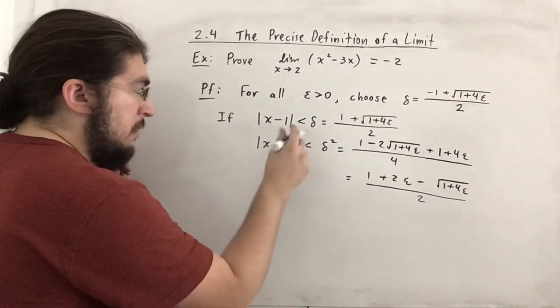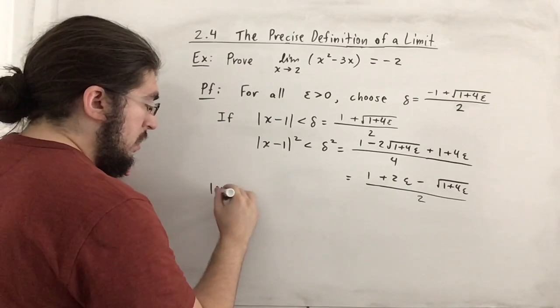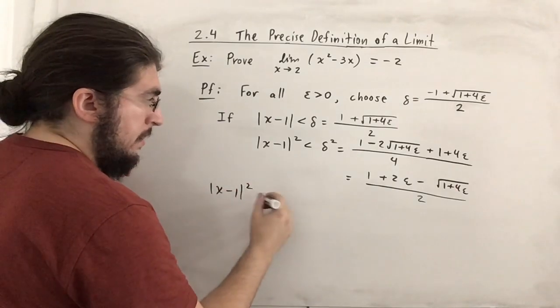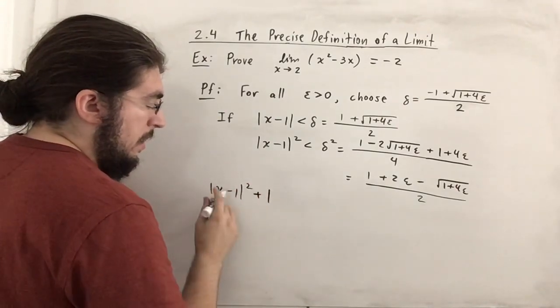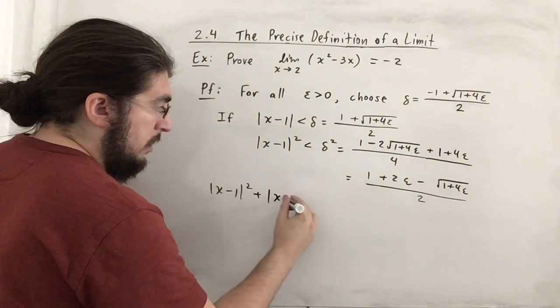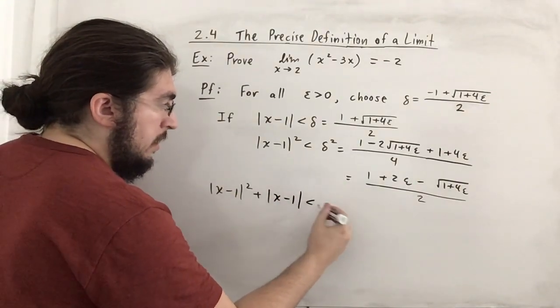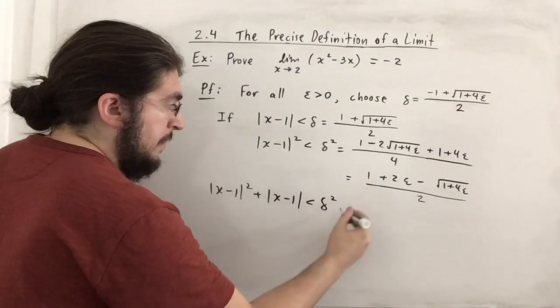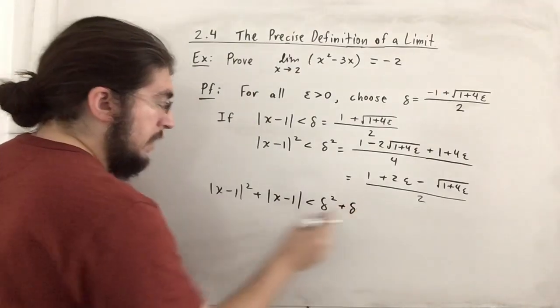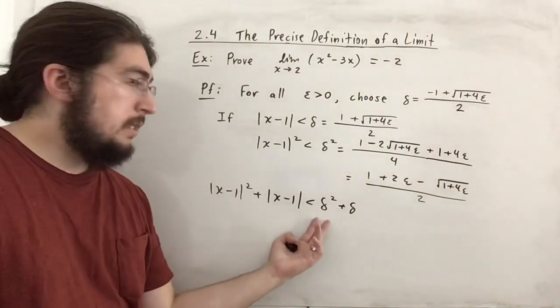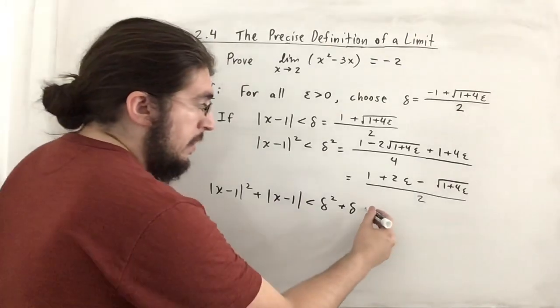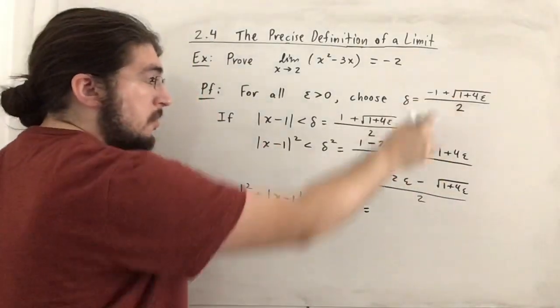And notice that if we actually add the absolute value of x minus 1 squared to the absolute value of x minus 1, that's going to be certainly less than delta squared plus delta, because each of these are less than delta squared and delta respectively. So we're going to add this to the original delta.